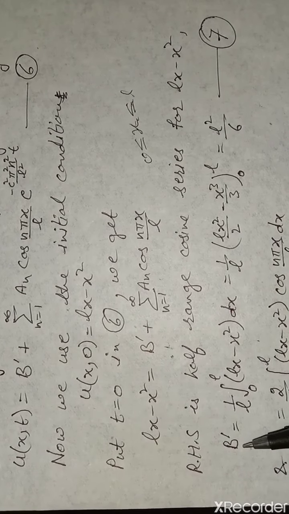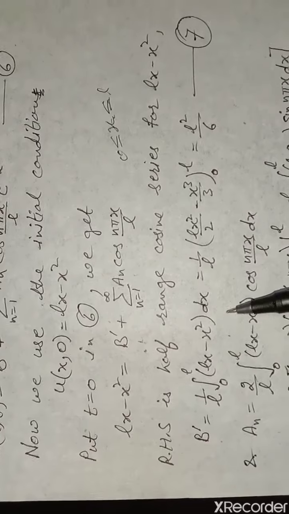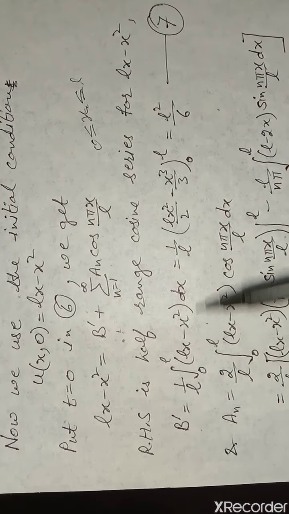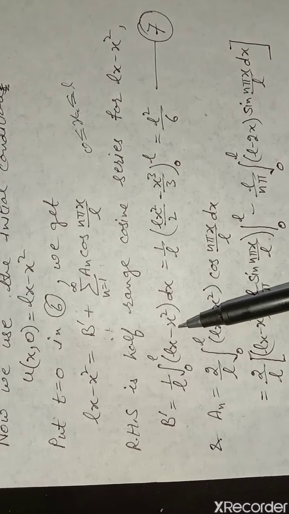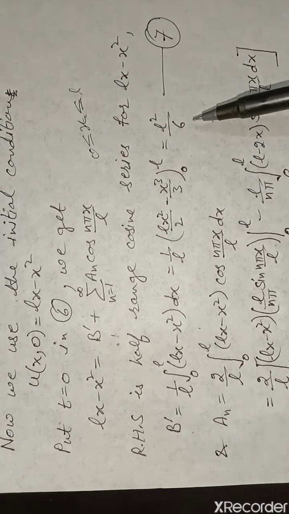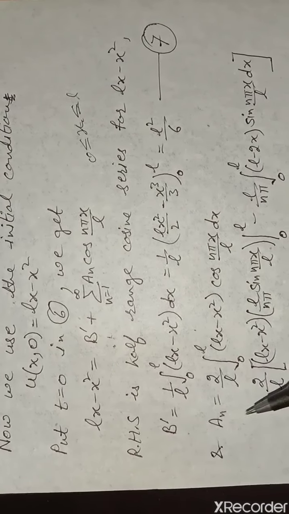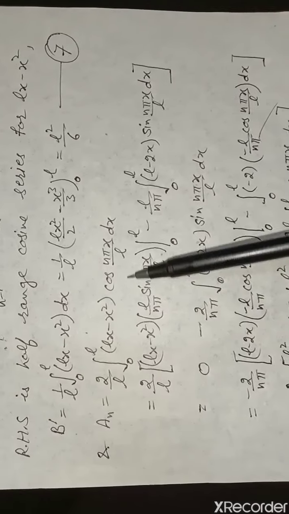B dash can be calculated by this: 1 by L, integration from 0 to L of Lx minus x square dx. After integrating we get b dash is nothing but L square by 6, and an's can be calculated using this.